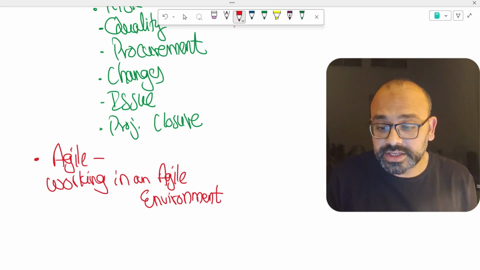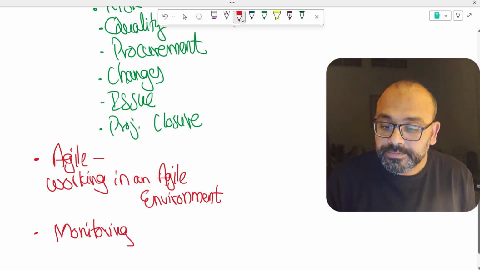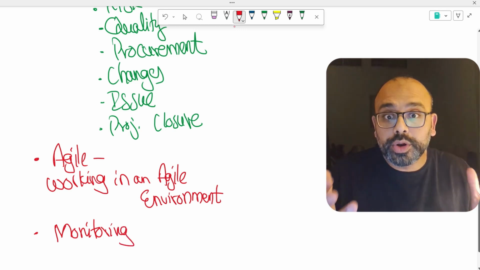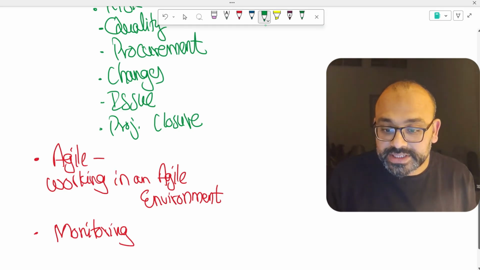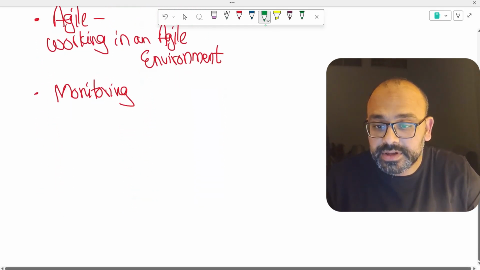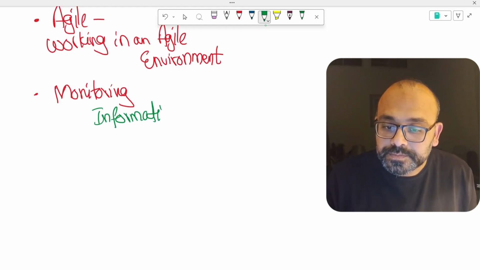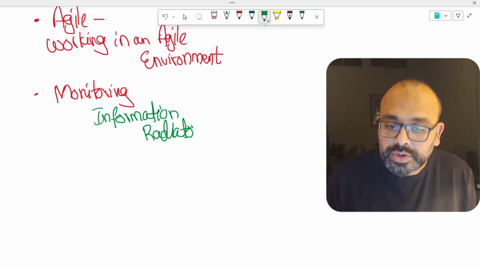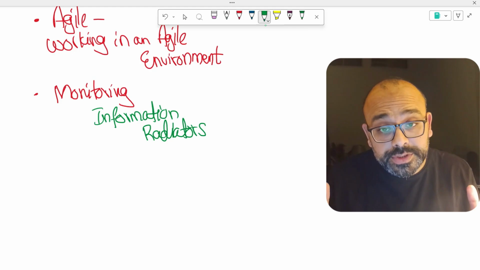Then the next thing is you need to know the monitoring concepts. How you are going to monitor the project. And for here, one very important thing that is coming these days, especially in the exam, is information radiators. Means, what are the information radiators? What is the purpose of information radiators?